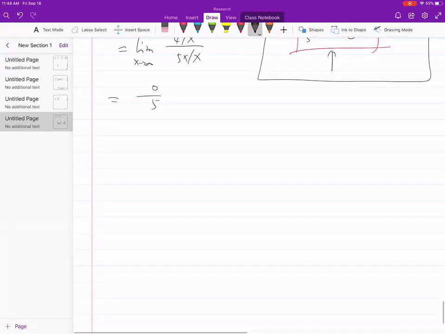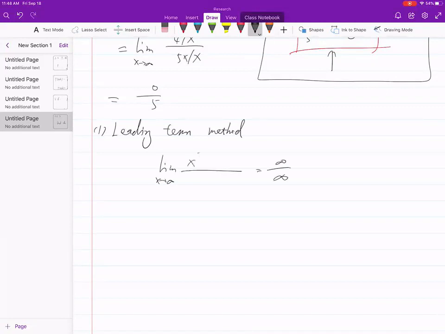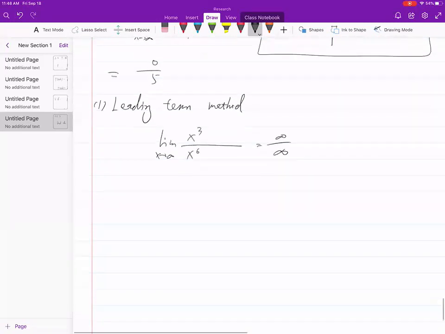This is a method called the leading term. Basically, you're dealing with the limit as x goes to infinity of a fraction. And you know it's going to be infinity over infinity because there will be some term here, some term here.